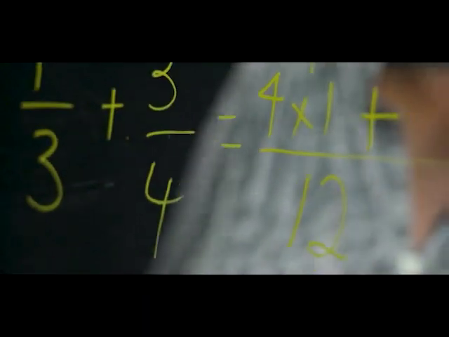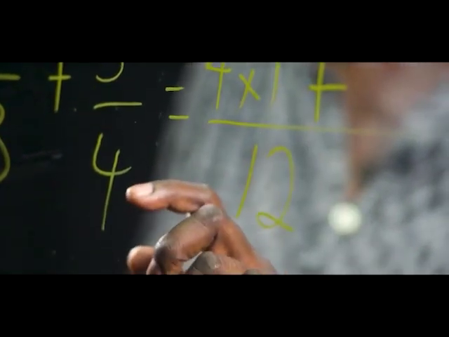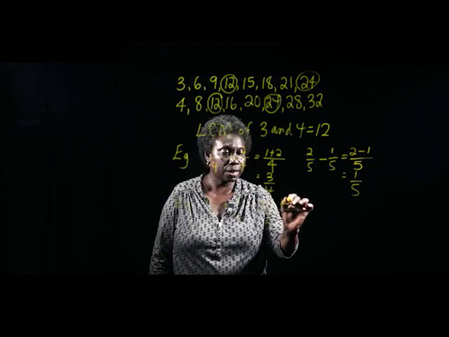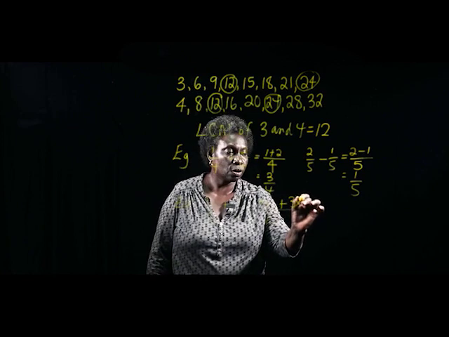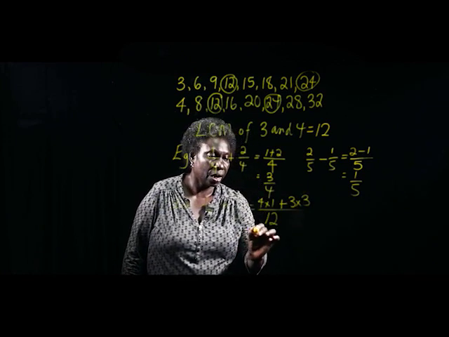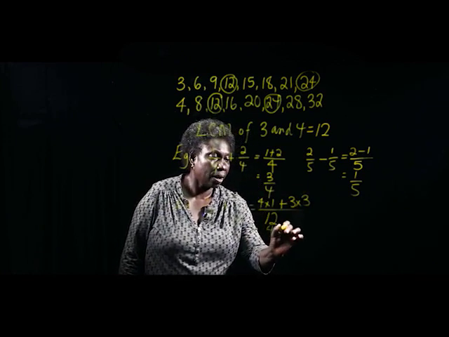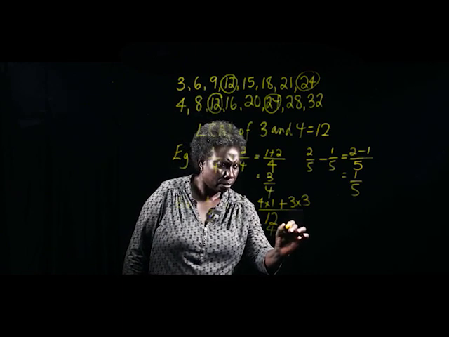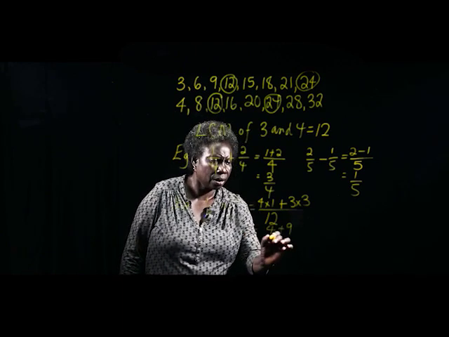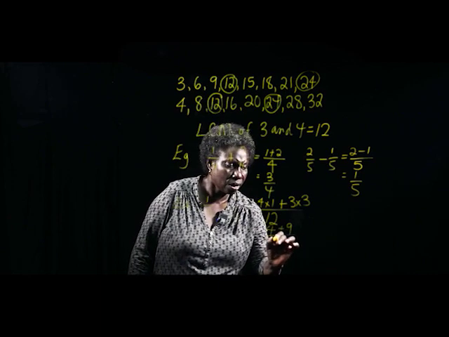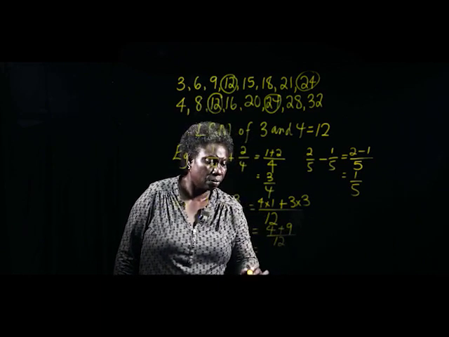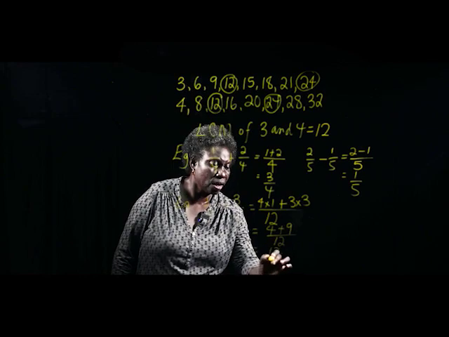And then I divide 12 by the denominator of the second fraction. 12 divided by 4 is 3. So I multiply the 3 by the numerator of the second fraction, 3 times 3 is 9. So I have 4 plus 9 over 12. Now, my answer is 13 over 12.